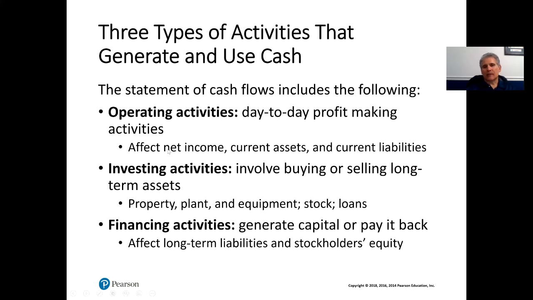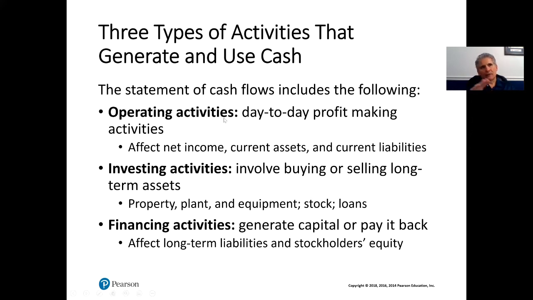So we've already talked about, based on looking at the format, we have three sections. The operating activities give you a feel for what the day-to-day profit-making activities are. When you think of operating activities, this would be kind of like the income statement and how that's presented. Although the income statement, we should know by now, is not necessarily cash because we have accrual basis of accounting.